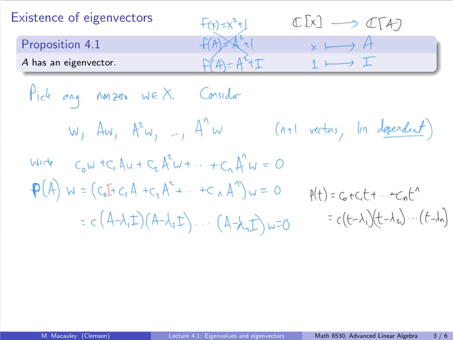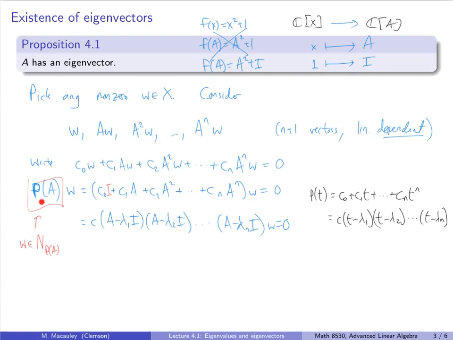So now we have a non-zero vector W, maybe I should have said this before, a non-zero vector W times a linear map, which is 0. So notice that W is in the null space of p of A. So this map is not invertible.